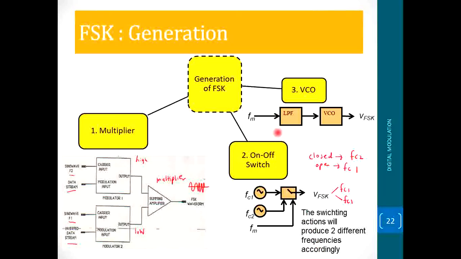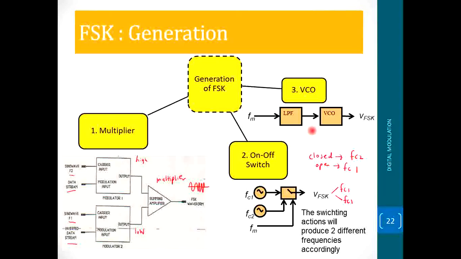The third method to generate the FSK is by using a voltage controlled oscillator, VCO. This device is suitable because it can change the frequency when the amplitude of the voltage applied to it changes. So we have the information signal pass through the low pass filter, and if the voltage is maximum, then a different frequency will be generated.